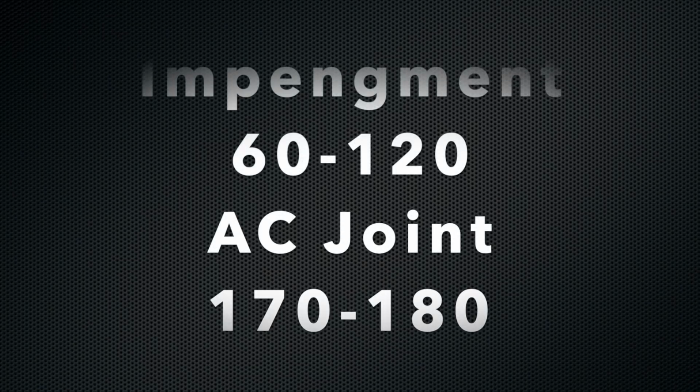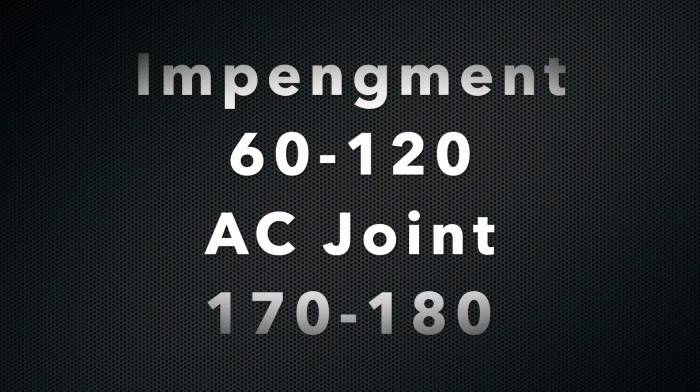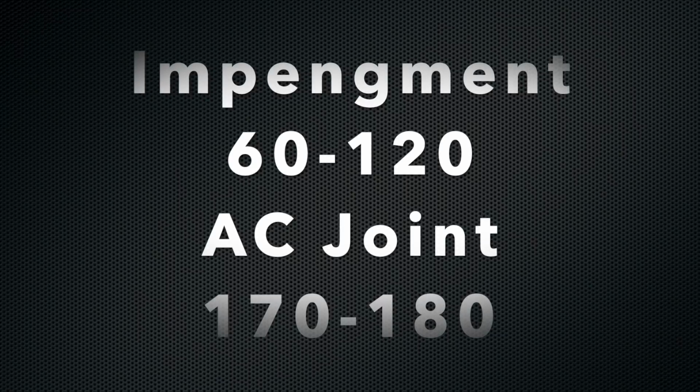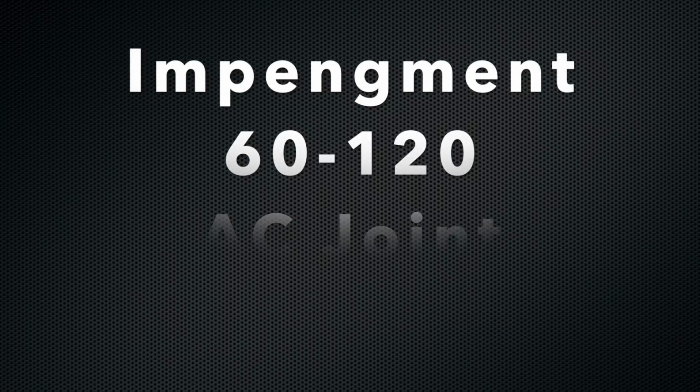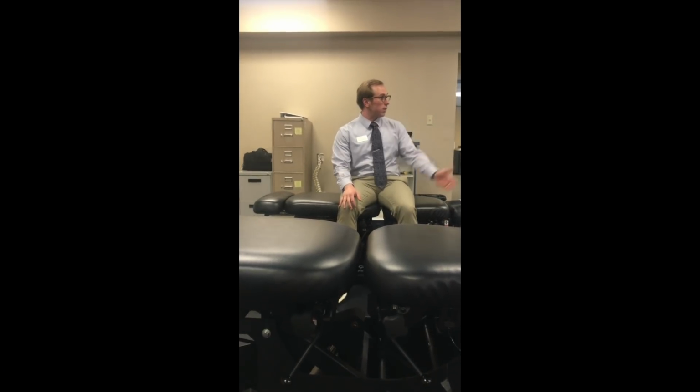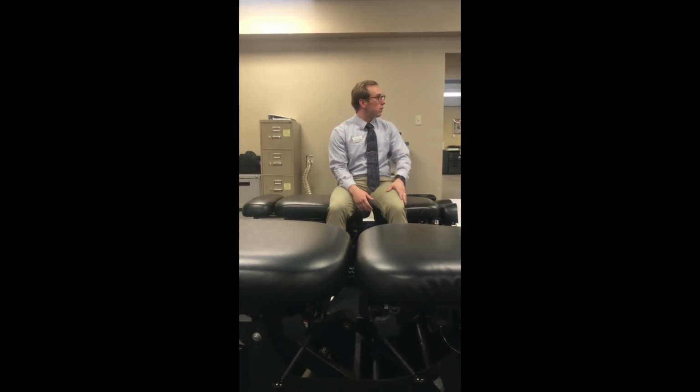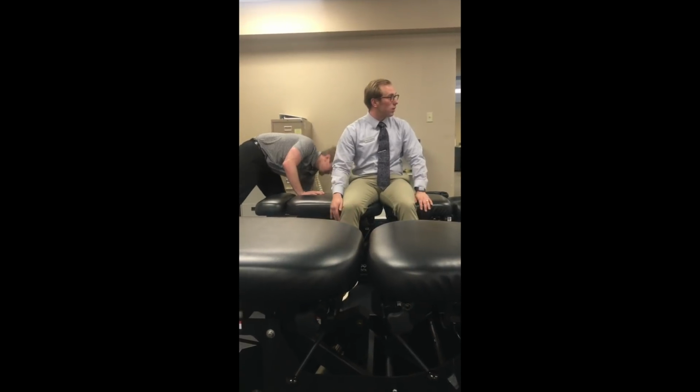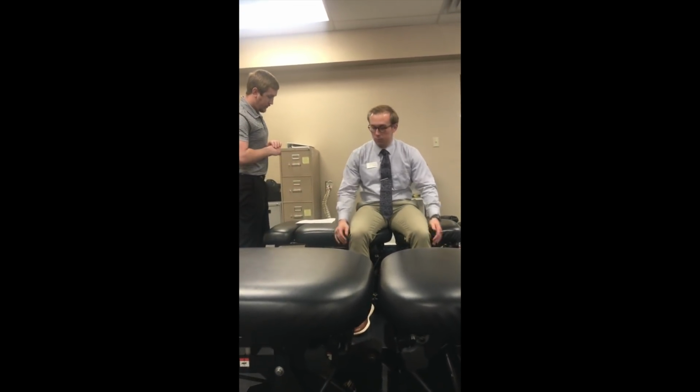Know your numbers. So what is it in impingement? 60 to 120. 170 to 180 is your AC joint. That's not in scaption? That's just really the side, or is it in scaption? It's just the side. Yeah, the side. This is at the side.